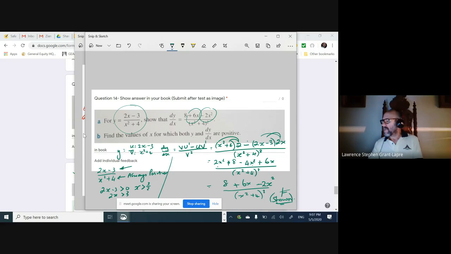And where is, okay, also because this denominator is squared, that's also always positive. So we want when the numerator is positive. So if we were to sketch this graph and find where it's positive, it's going to be a quadratic because it's a -2. That -2 means it's a sad graph.